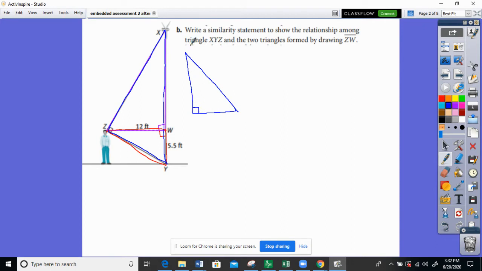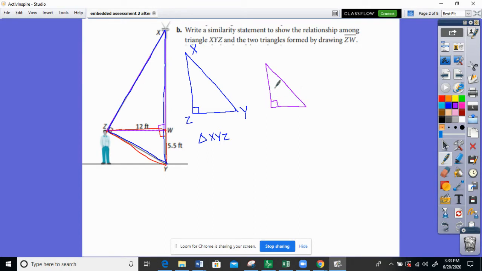So we're going to put point X at the top. We're going to put point Y in the bottom right. We're going to put point Z as the vertex of the right angle. And we're going to name that triangle X, Y, Z. We also have the right triangle on the top that we outlined in purple to start with. So that's going to be this triangle here.